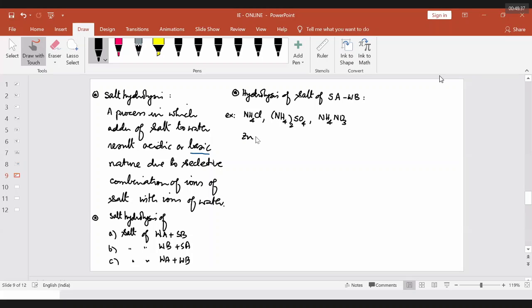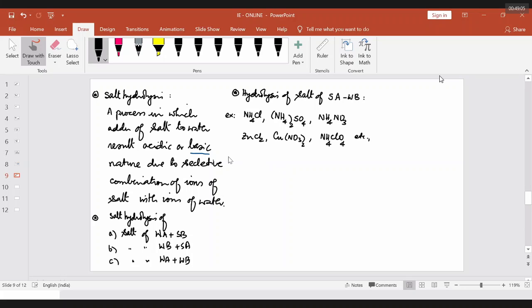Zinc hydroxide along with HCl, zinc hydroxide along with sulfuric acid, copper hydroxide along with nitric acid. Okay, like that. Then HClO4 with ammonium hydroxide, ammonium perchlorate, a very strong acid and a very weak base. Like this, we are having so many cases.